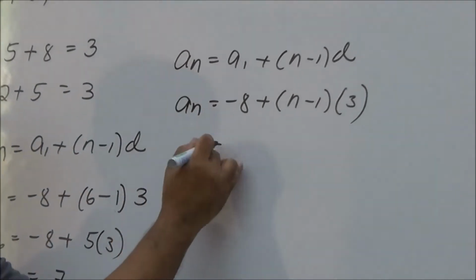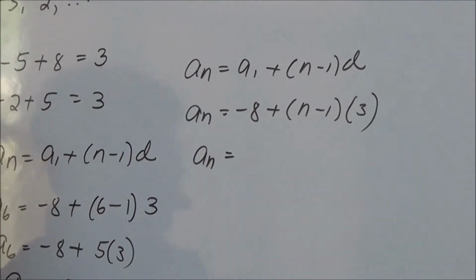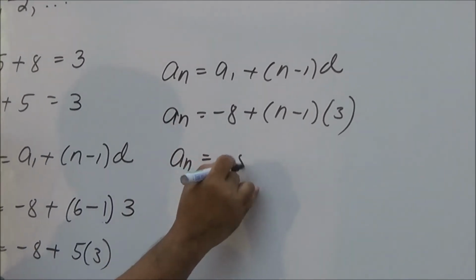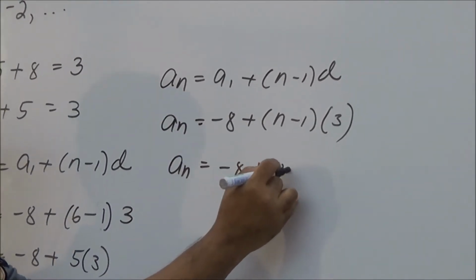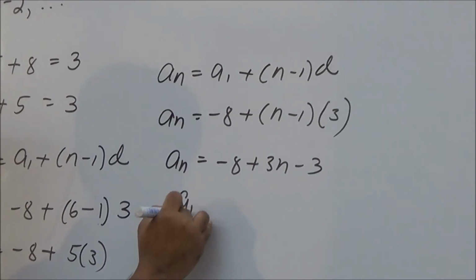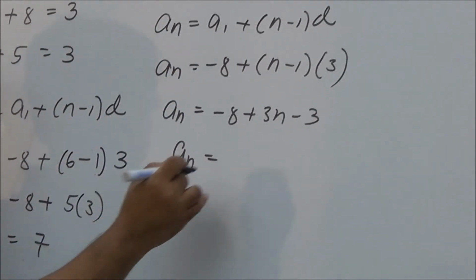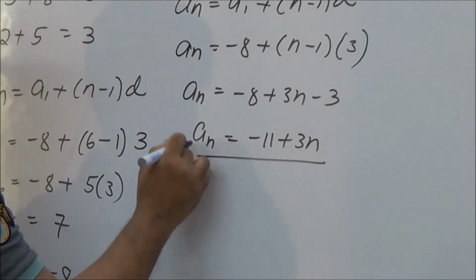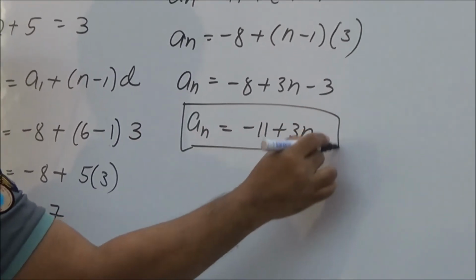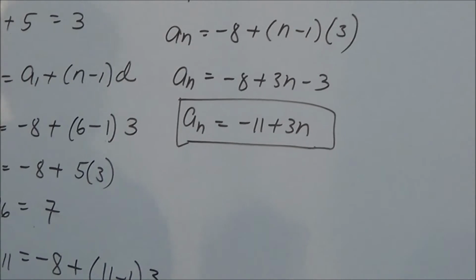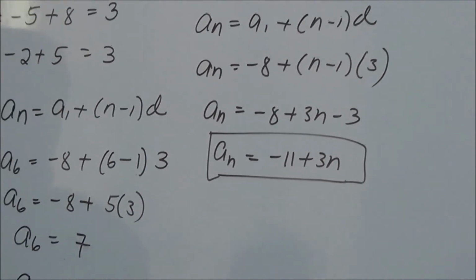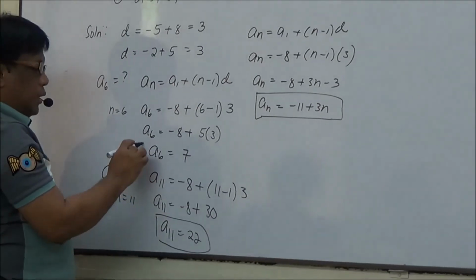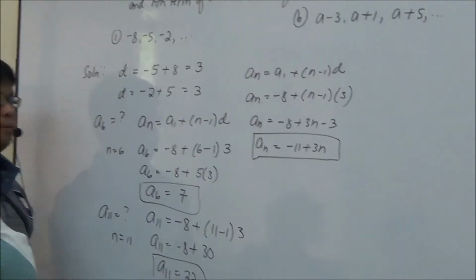And with that, we can also see that the formula for the nth term is negative 8 plus 3n minus 3, or a sub n is negative 11 plus 3n. Okay? So this is now the final answer a sub n, then this is the 11th term, 22, and then this is the 6th term, 7. Okay?